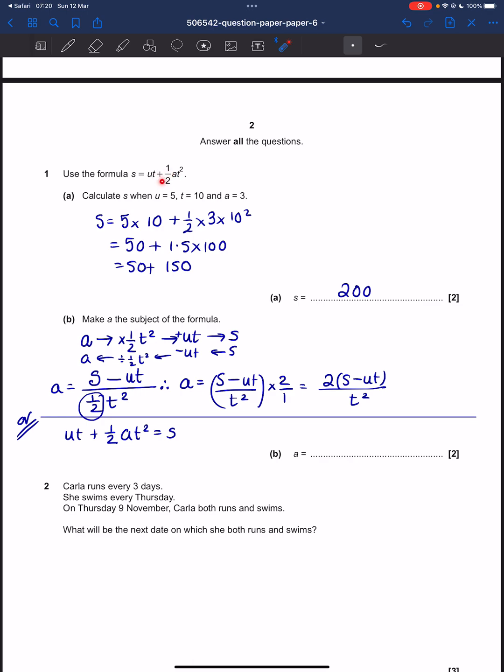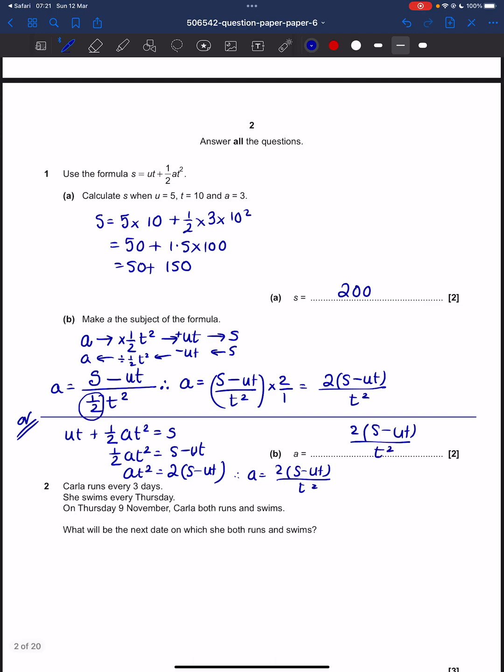So I've written the right hand side first and the equals S. So then we can subtract UT from each side and then multiply by 2. Multiply both sides by 2 and then divide through by T squared. Okay, 2S minus UT, all divided by T squared.